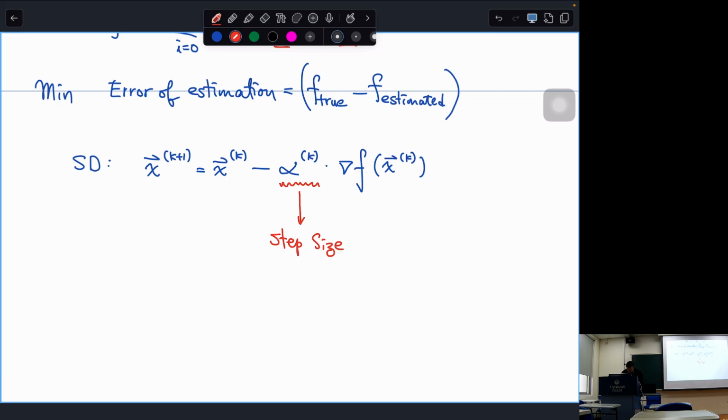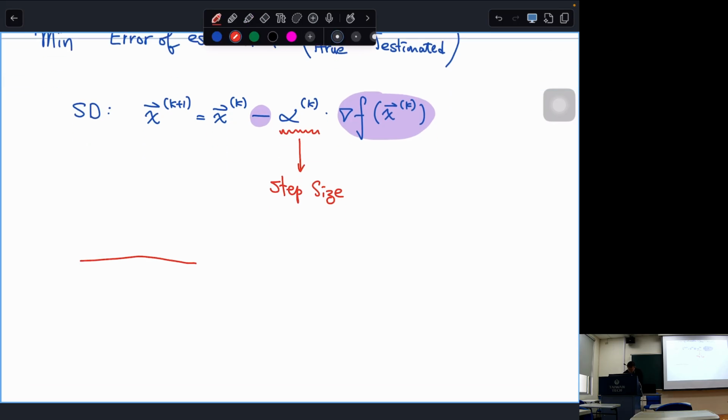One key for steepest descent is that it's trying to move along the minus gradient direction. If I make a drawing, here is x and here is y, and this is my gradient direction.